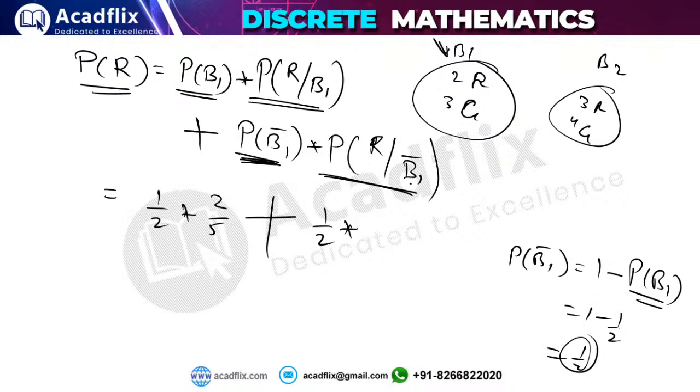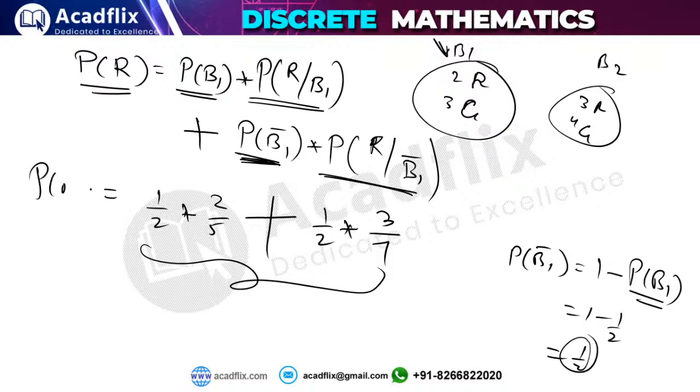See, if you have not chosen box 1, then it means you have chosen box 2. So you have already chosen box 2. Now what will be the probability of taking a red ball? This will be 3 divided by 7. So this is how we found it.